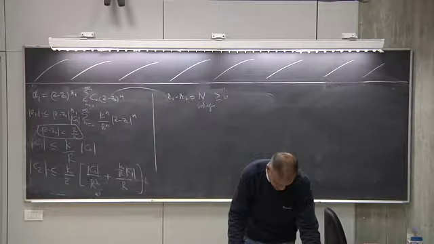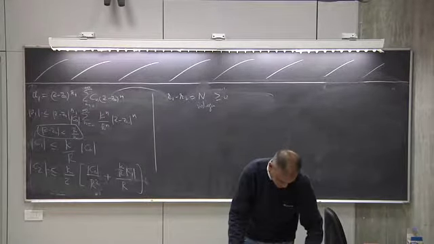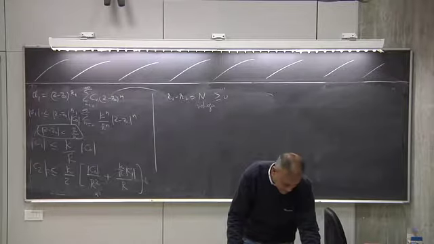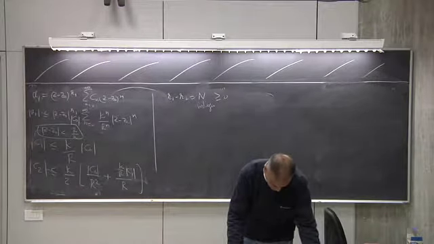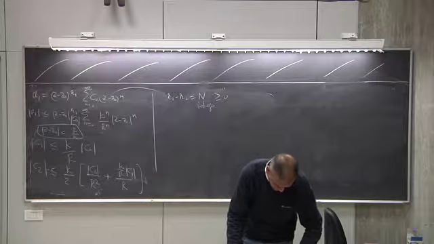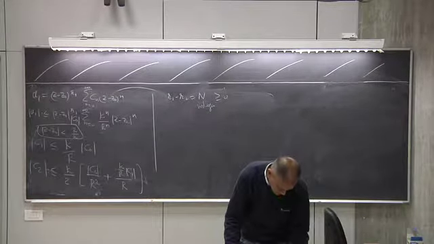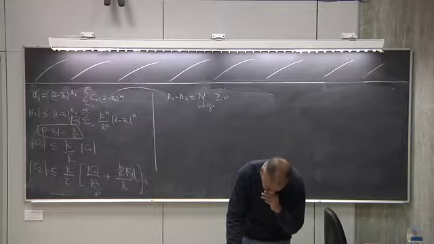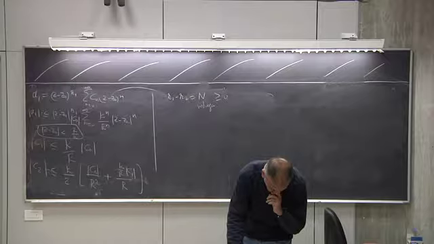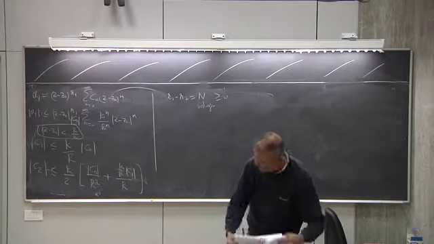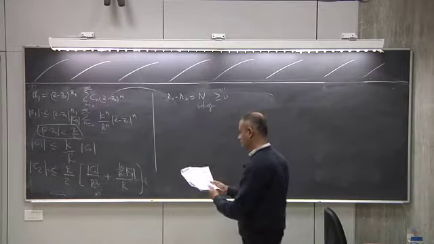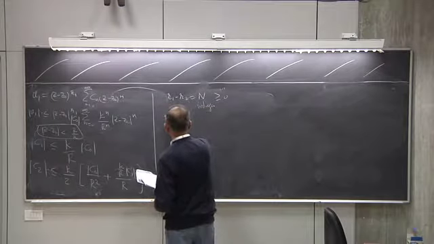Variation of parameters, yeah. Where was it, which page? Correct, here it is. So the method of variation of constants.